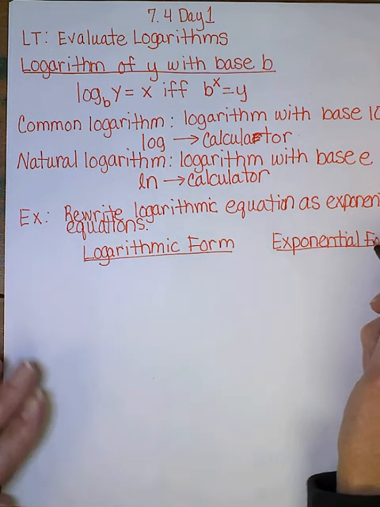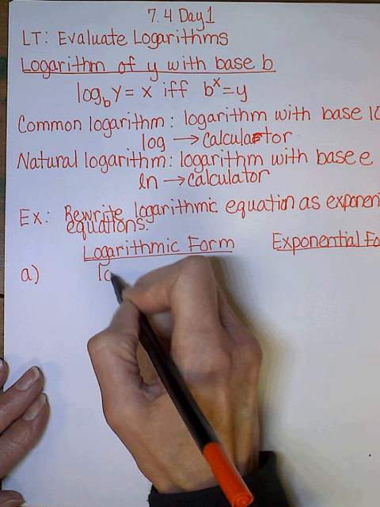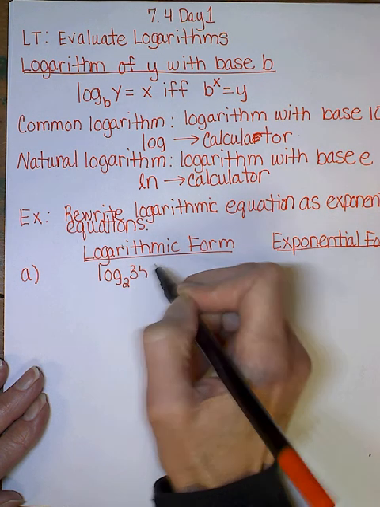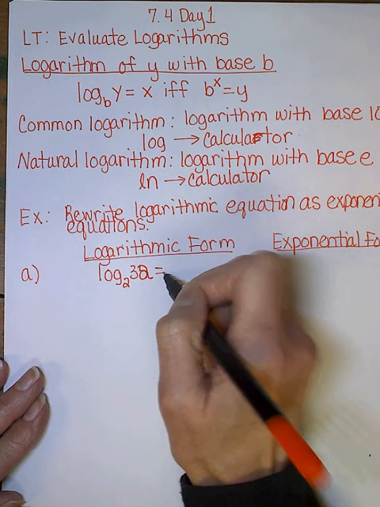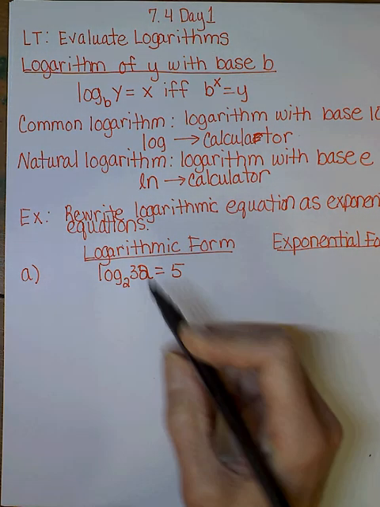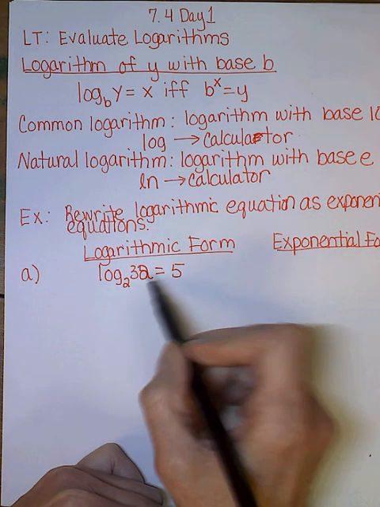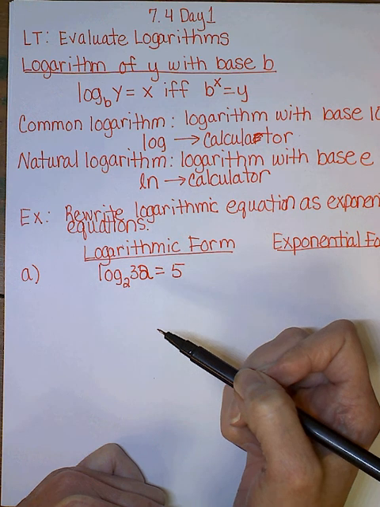Okay, so these questions start out in the logarithmic form. Whoops, this is supposed to be a 2. Okay, so this is the logarithmic form, and you would read it like this: log base 2 of 32 equals 5. So the base here is 2.